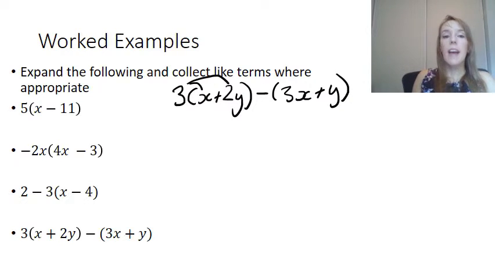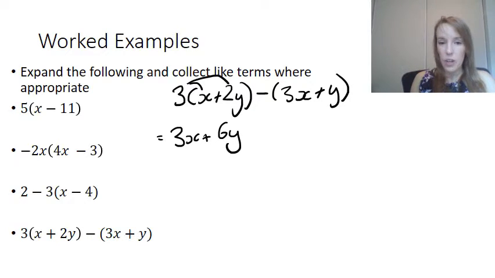So 3 multiplied by x is going to leave us with 3x plus 3 times 2y is going to leave us with 6y. Now our second bracket, we're subtracting everything inside of it. So it's going to be subtract 3x subtract y. And from there we can collect like terms.